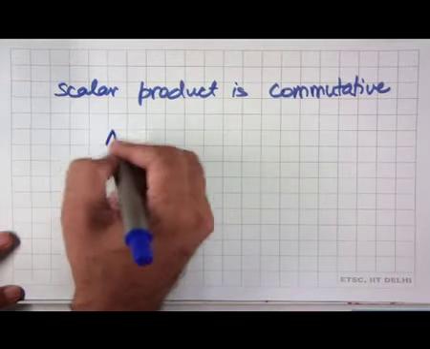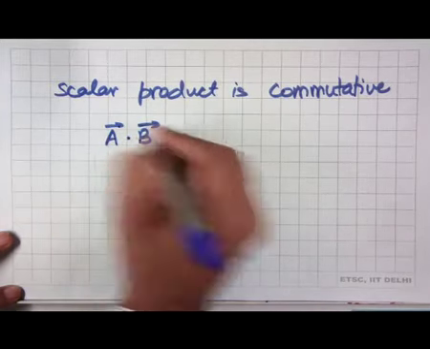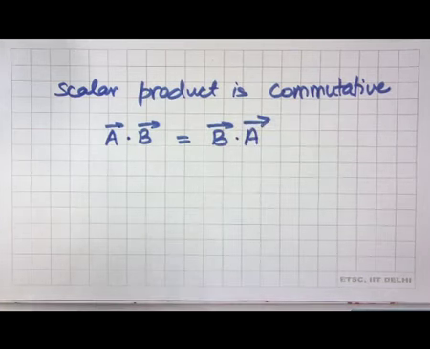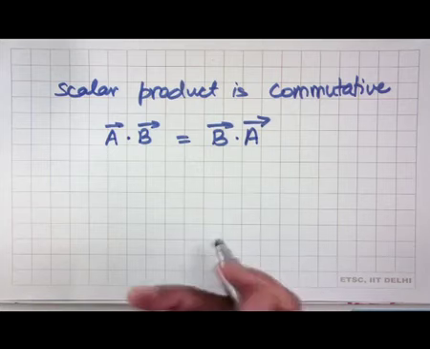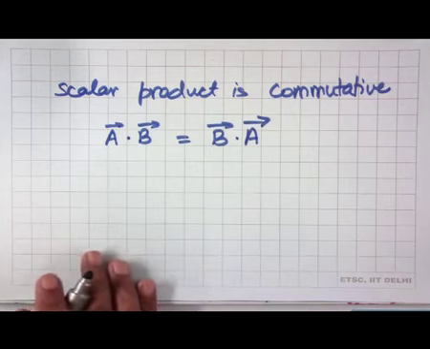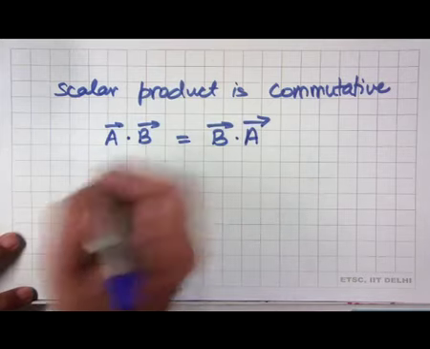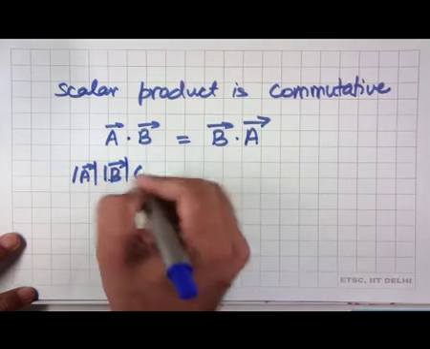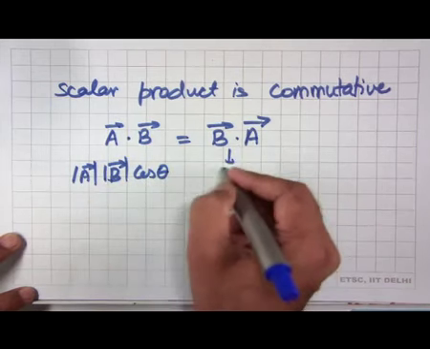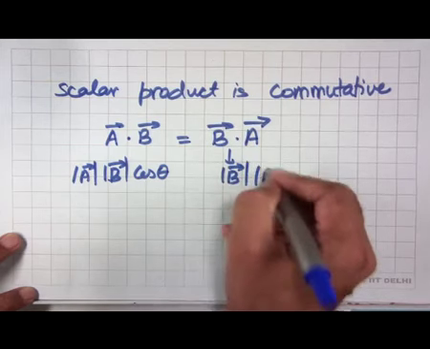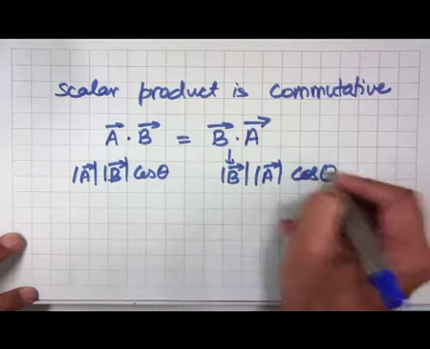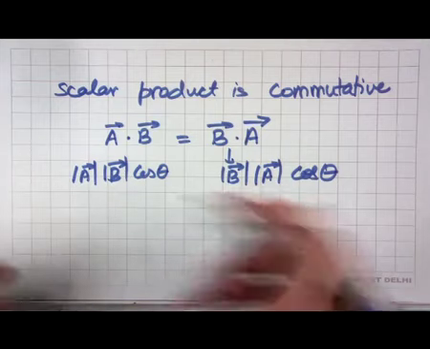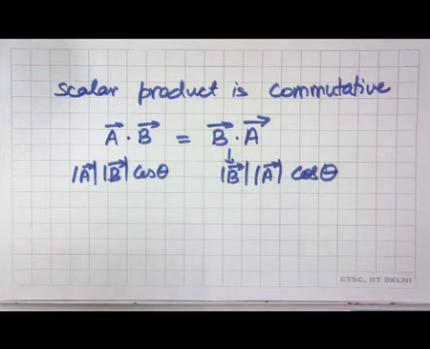What this means is A dotted with B is equal to B dotted with A, and this is obvious from the definition of the product, because A dotted with B will be equal to magnitude of A times magnitude of B times cosine theta, and this will be magnitude of B times magnitude of A times cosine theta again. So, this is what the dot product will look like.